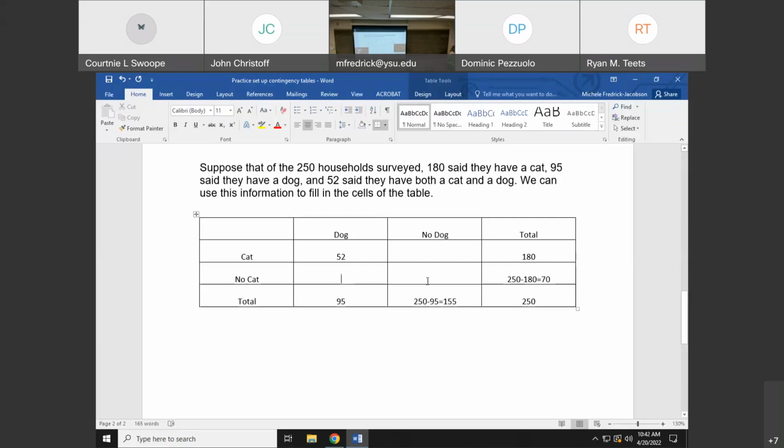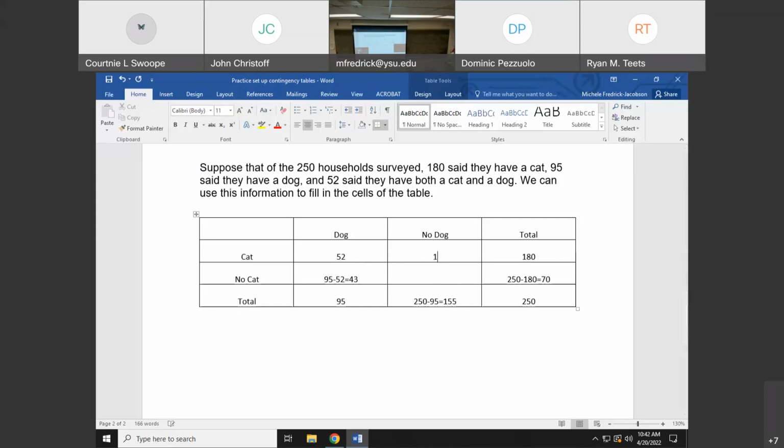So then for this one, we know, we add down, it's a 95 minus the 52 to give us 43. Oops, that should be an equals. Any questions so far? Then adding across will help us get these ones.